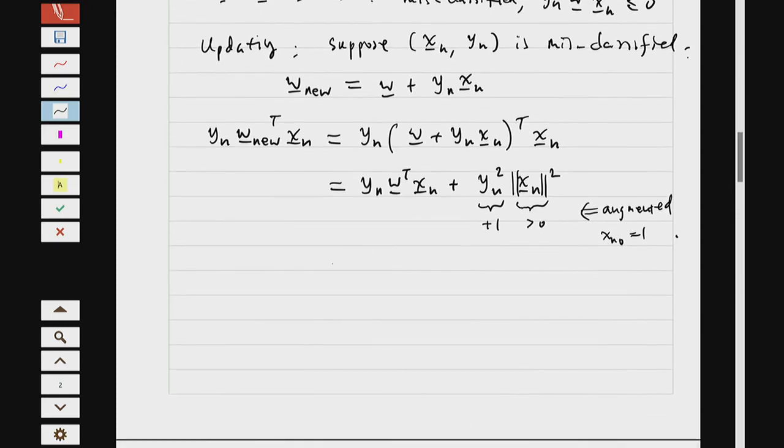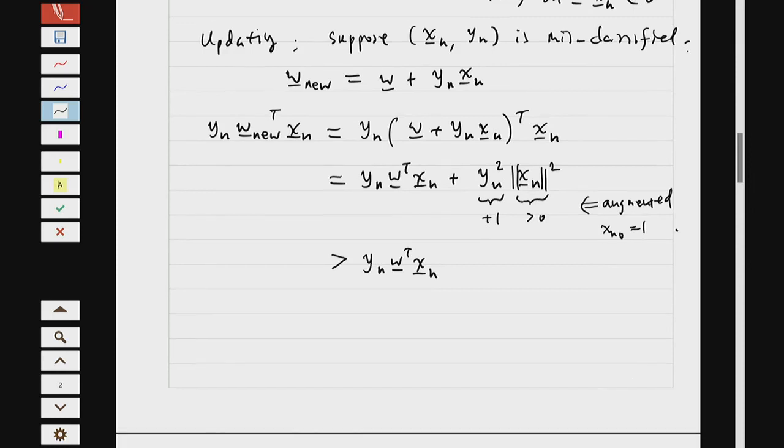So therefore, the second term is strictly greater than 0, and therefore we have this relationship: the new product is strictly greater than the old product. Because yn is either plus 1 or minus 1, we strictly push this point to the positive side.